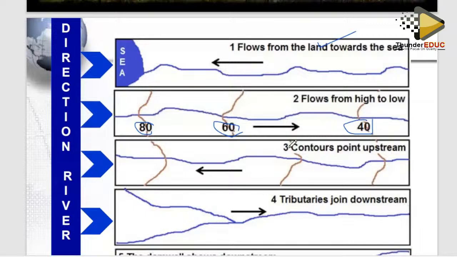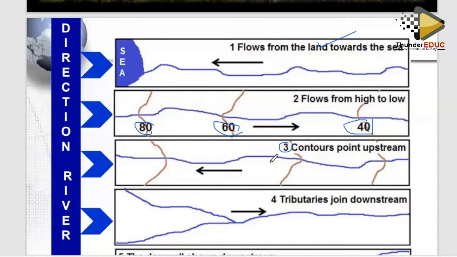Then indication number 3, we look at the contour points. Where are they pointing? They always point upstream. I want to illustrate this geographical sense because learners in most instances tend to memorize that contour lines point upslope.